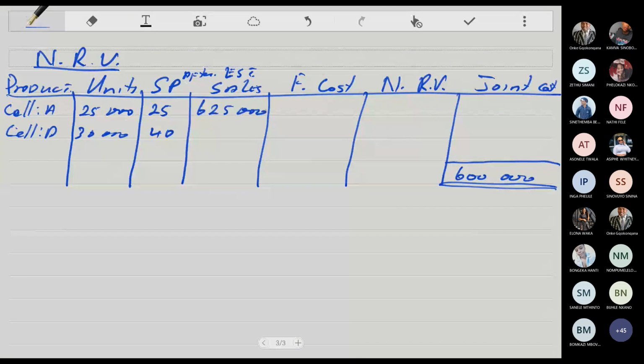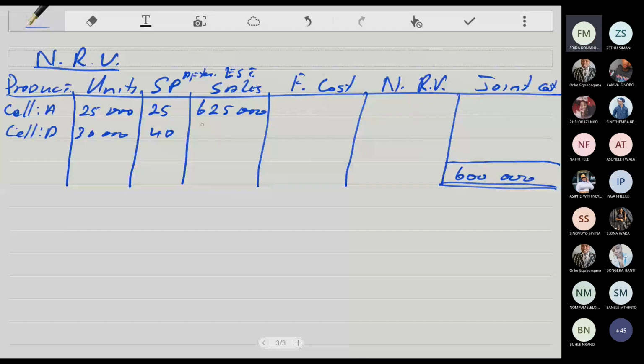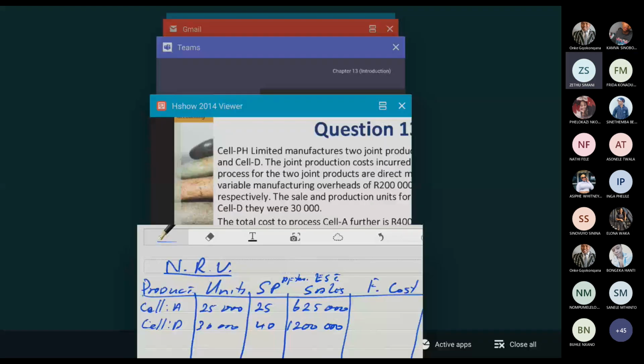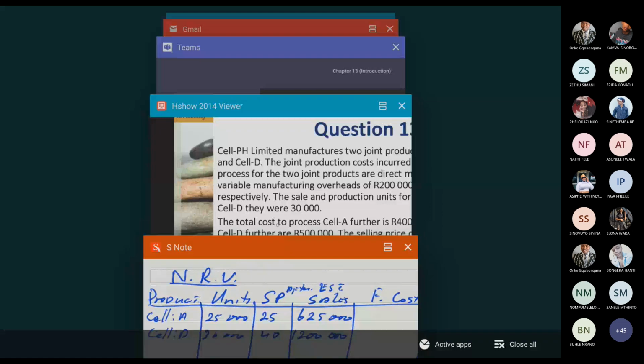Then sell D, 30,000 times 40 Rand. It gives you how much? 1,200,000. Thank you. Remember that after we've got these market values, then we must minus.